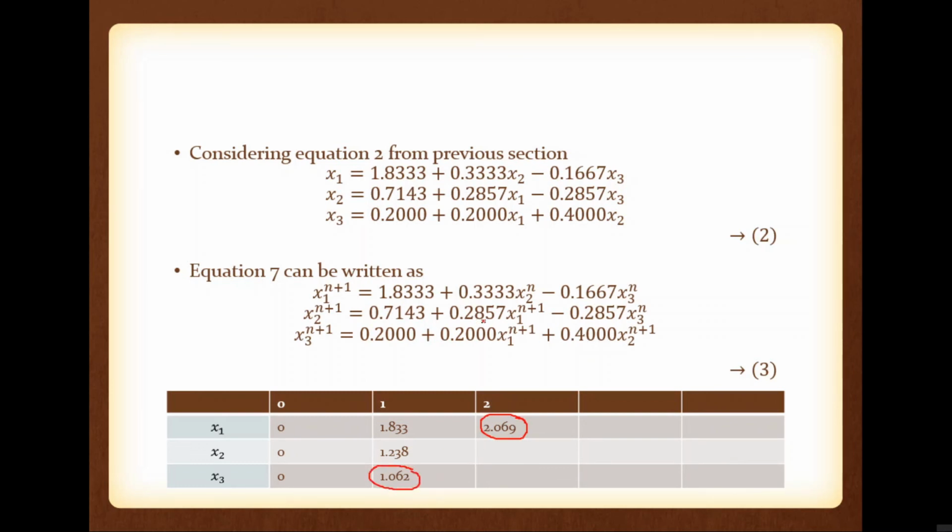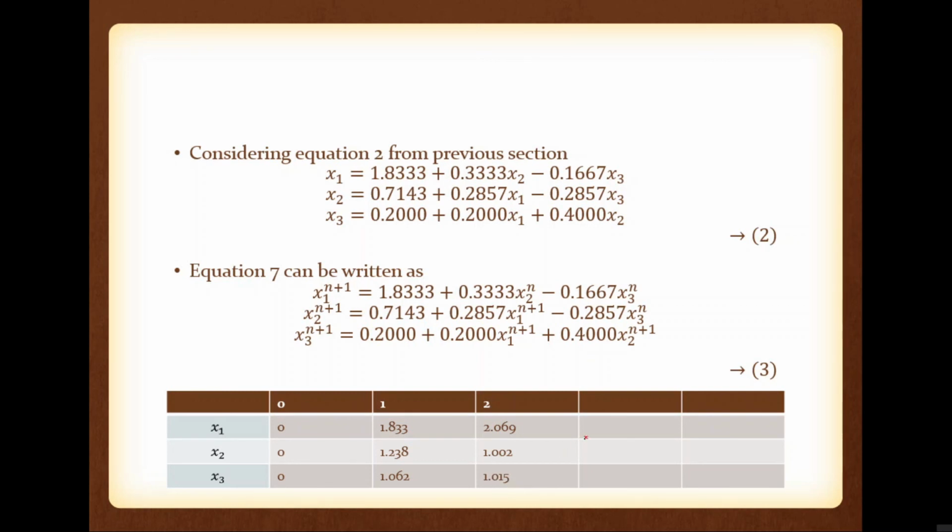So we have 1.002. That one is the new value of x2. Now in order to find x3, we need x1 n plus 1 and x2 n plus 1, meaning we need the new value of x1 and the new value of x2. So this is 2.069 and this is 1.002. We have x3 equal to 1.015.